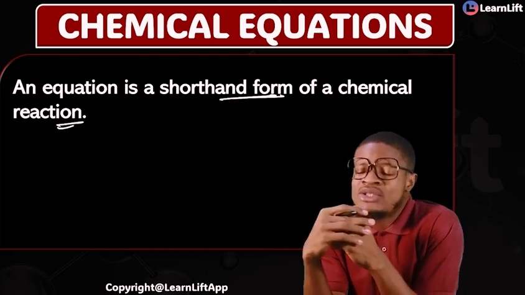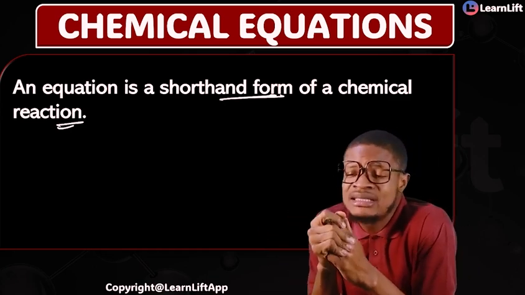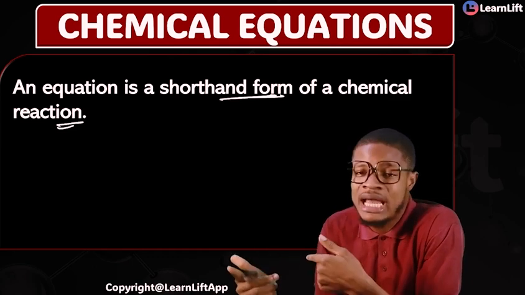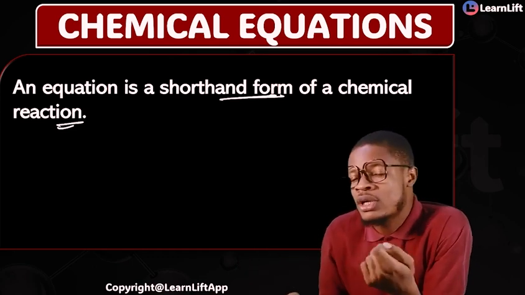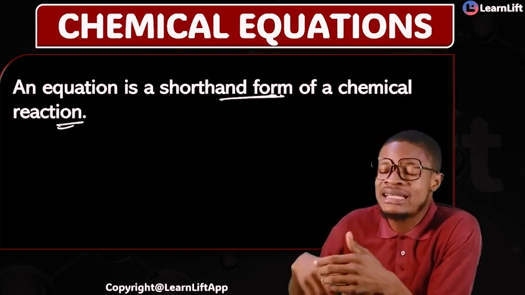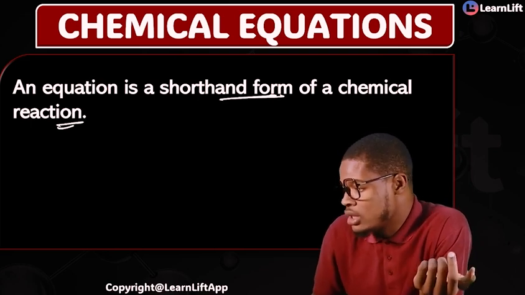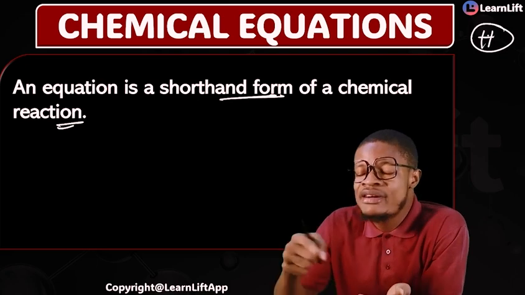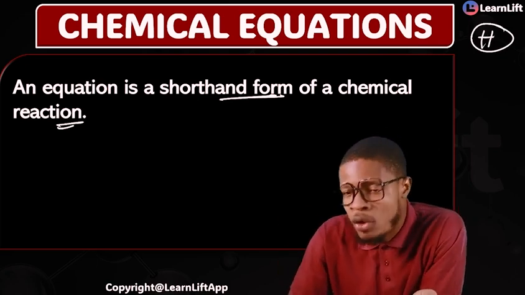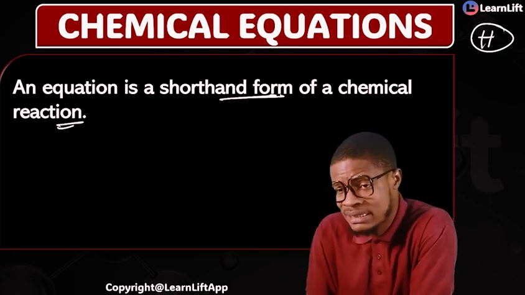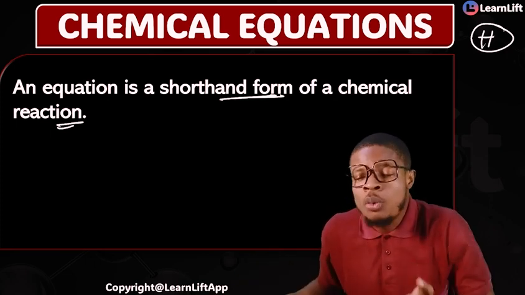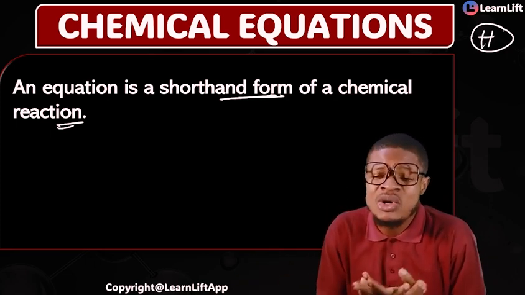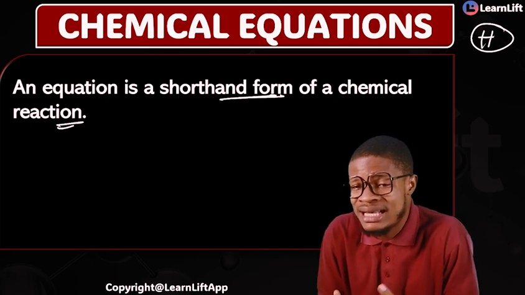While we were looking at chemical symbols, we said that the shorthand form of representing elements is called a chemical symbol. For instance, H, instead of saying hydrogen. This H represents one atom of that element, and that is your symbol. So what represents one atom of an element? It is called a symbol.